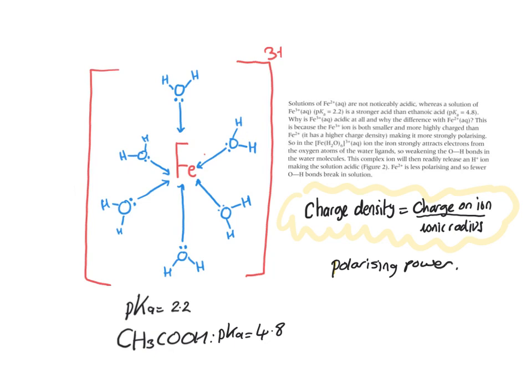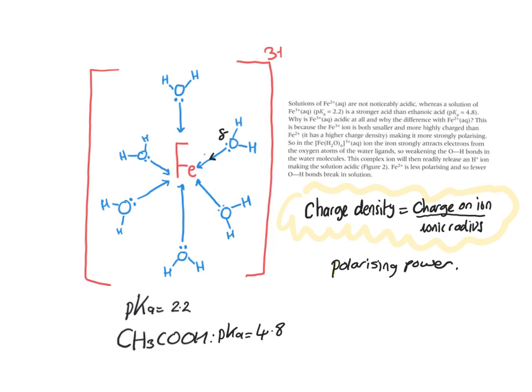The impact of that is that the central Fe3+ ion here attracts electrons from the neighbouring water molecules. If we look at this neighbouring water molecule, the oxygen is normally slightly negative and the hydrogen is slightly positive.